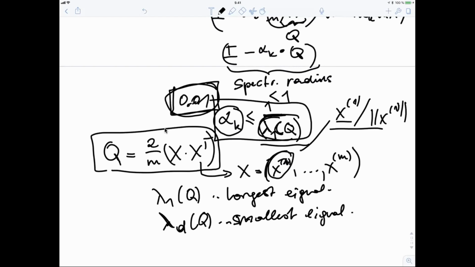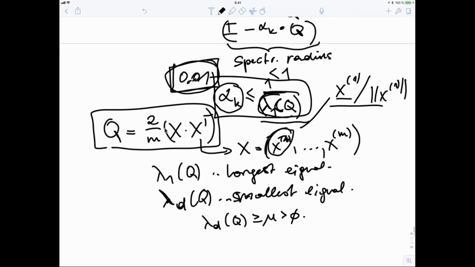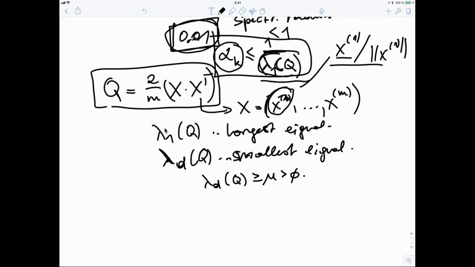Then if you have a lower bound, so you know that lambda D of Q is larger or equal than some constant which is larger than 0, then you can show that these gradient descent steps converge at a quite fast rate. In particular, the squared distance of the kth iteration to the optimum converges exponentially fast, or we call it at a linear rate.